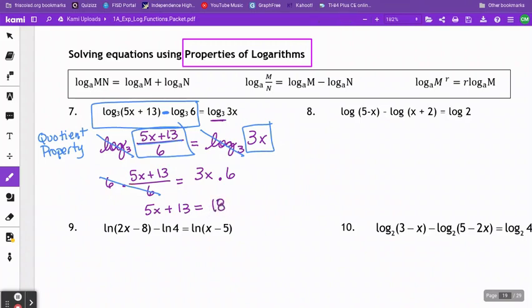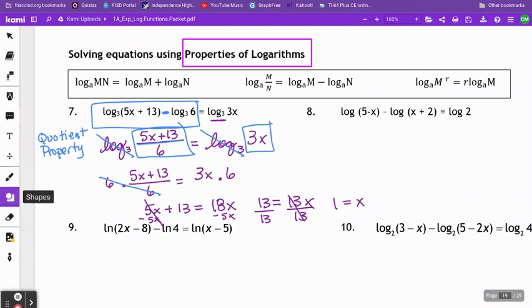So 18x, all right, now I've got to get my x's together. So subtract the 5x from both sides. So this will be 13 equals 13x, because I subtracted the 5x from both sides. And now we're going to divide both sides by 13, and that's going to give me 1 equals x.